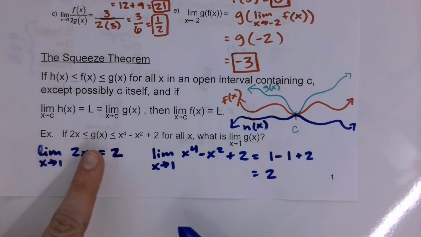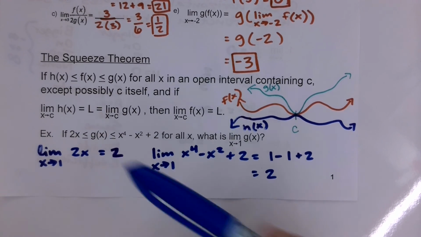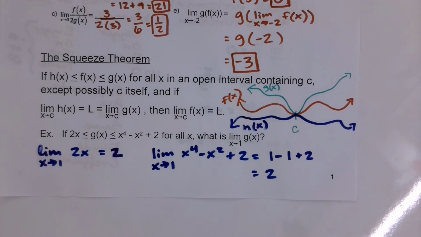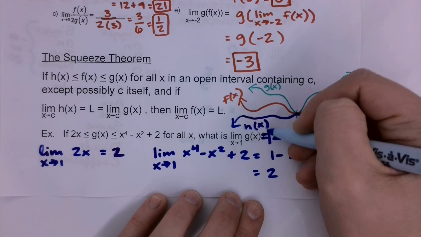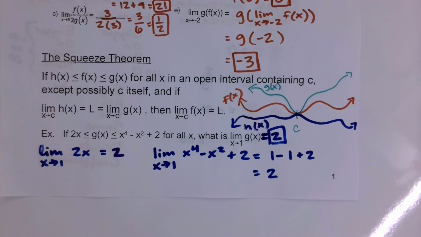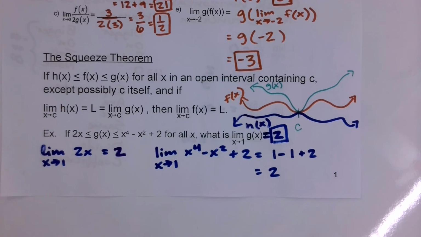So we don't even have to know what g of x is. It doesn't matter what the function is. If it's always in between these two pieces for every single value of x, that means that the limit as x approaches 1 of g of x also has to be 2. And we'll look at that AP question from a few years ago.